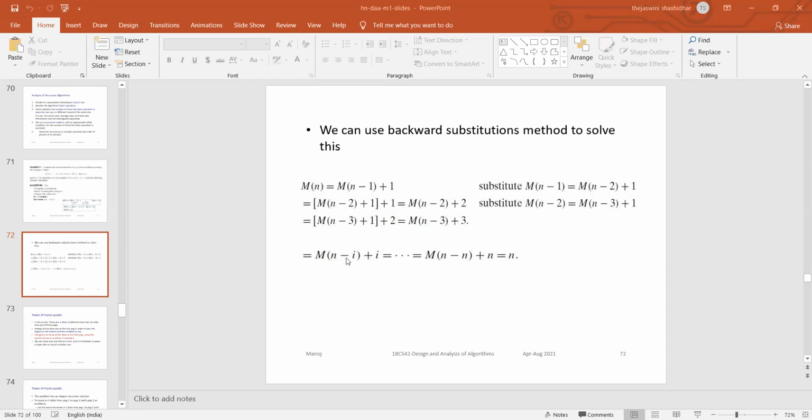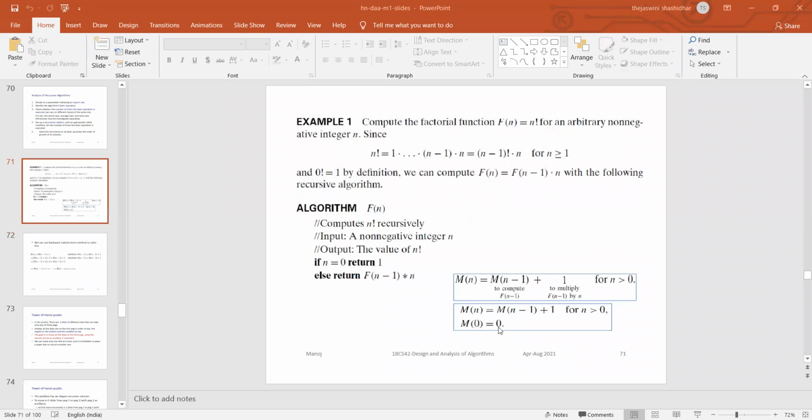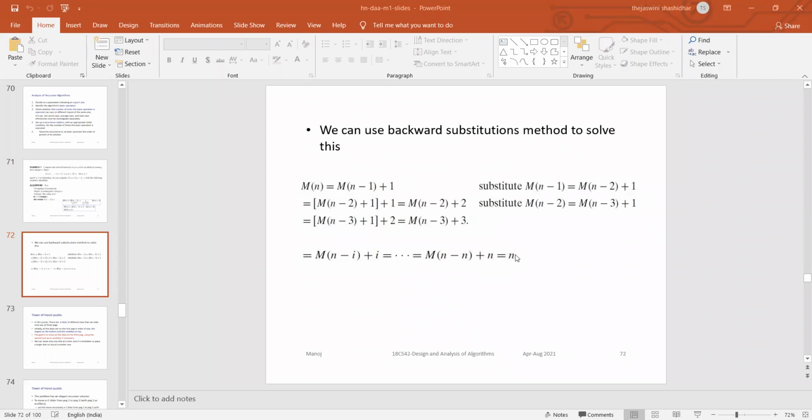So finally, you substitute the n value: m of n minus n plus n. So n minus n is 0, so m of 0. What is m of 0? m of 0 is 0. So that's why 0 plus n, we take it as n. Can you tell what is the order of growth?